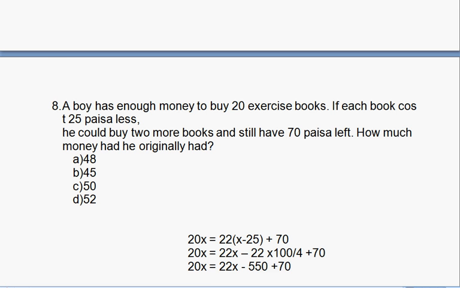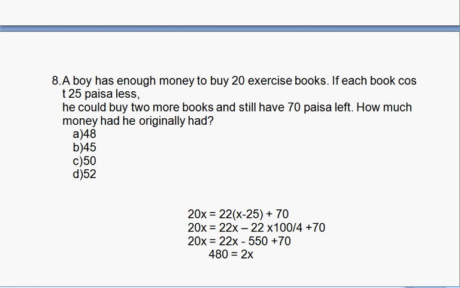So 480 is equal to 2x, or x is equal to 240, right? So each book cost him 240 paisa or 2.4 rupees.